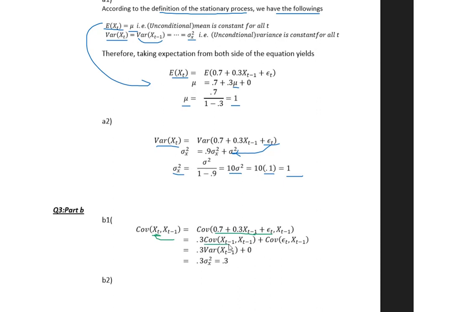And here we just need to keep in mind that covariance of same values will be the variance of the same random variable. And remember that covariance of epsilon and any x is 0 as given in the question statement. So this is going to be the final result.